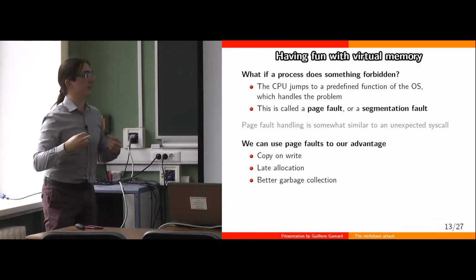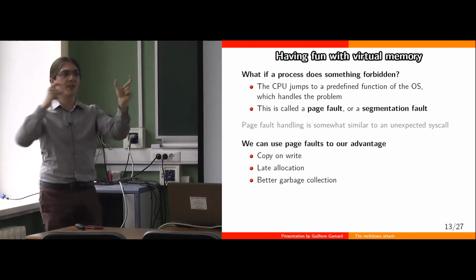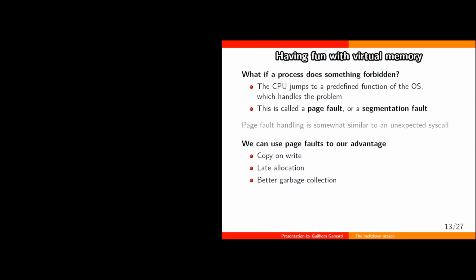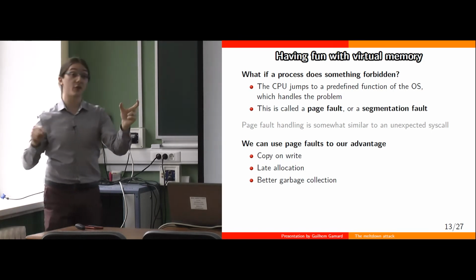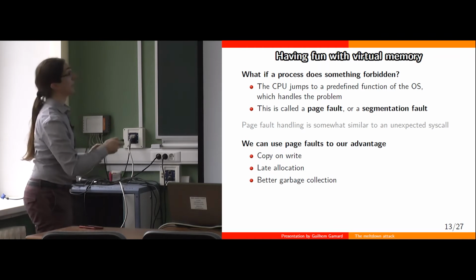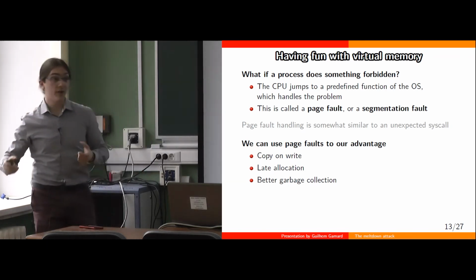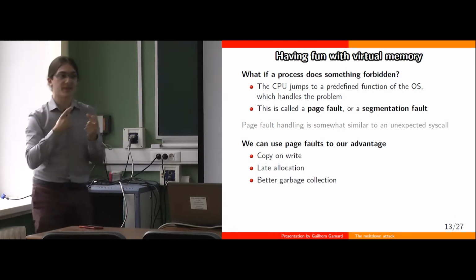So what happens is that the operating system will decide, this page was not used for a very long time, I will put it on the hard drive, using one algorithm to decide, and mark it as forbidden to read and to write. And when some application tries to read this page anyway, the operating system will jump into this predefined function, realize the problem, and move the memory back from the disk to physical memory.